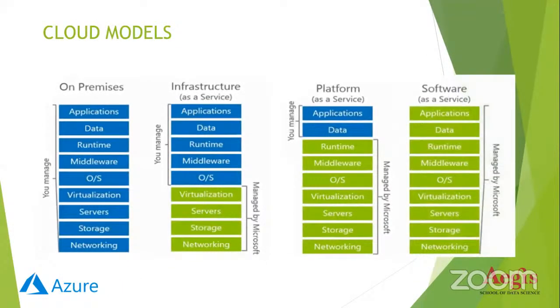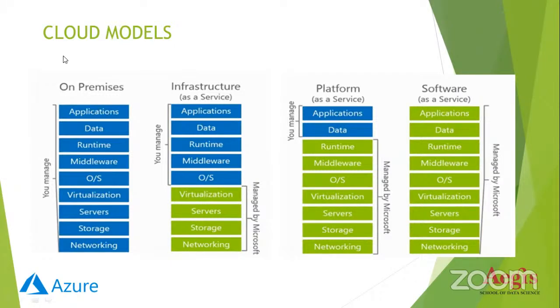So let's understand the cloud models. You are seeing 4 different diagrams over here. The first one is on-premises, the second one is infrastructure as a service, then platform as a service, and software as a service. Let's talk about on-premises. In the on-premises model, we have to manage everything.